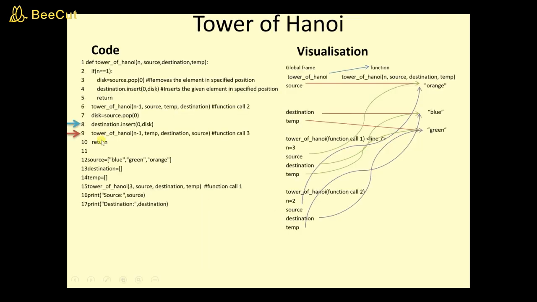Now again you can see this function call 3 will be called, and this function call 3 will be called in this function call 2. We can see that we have moved till code line number 9, and we will be marking over here line 10.